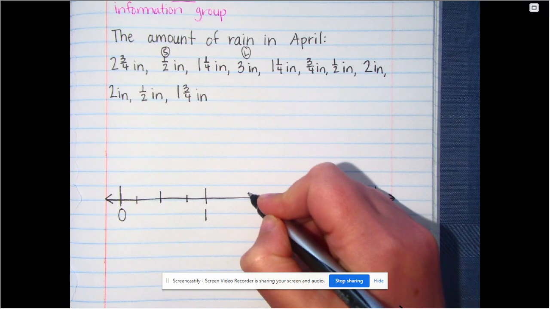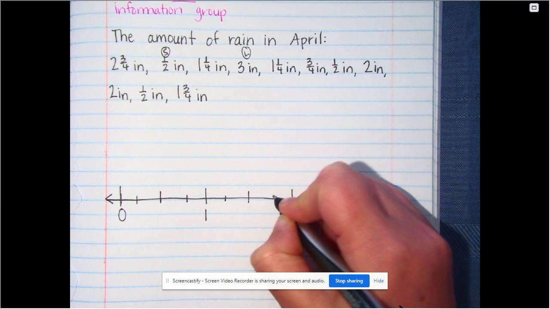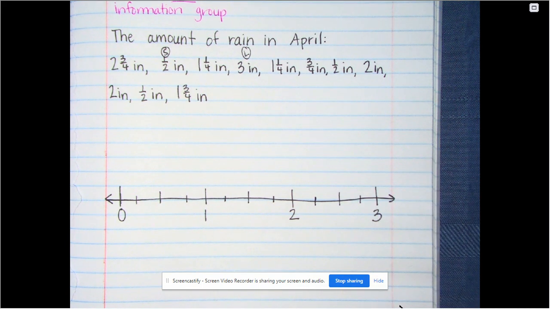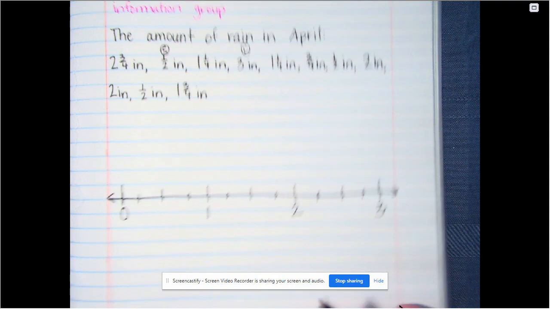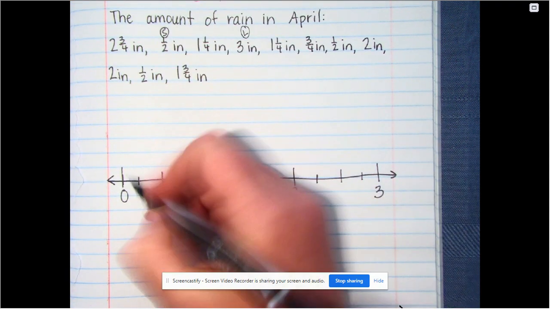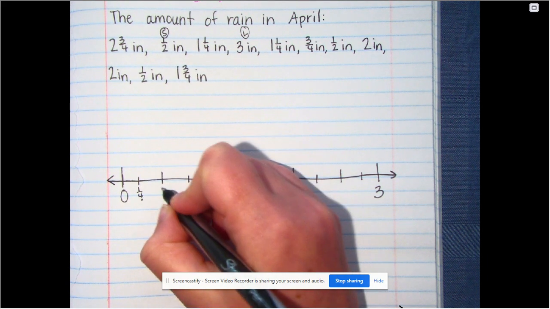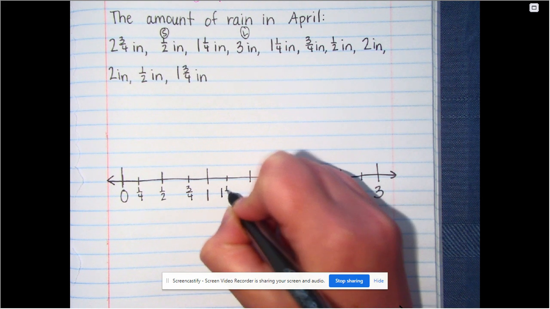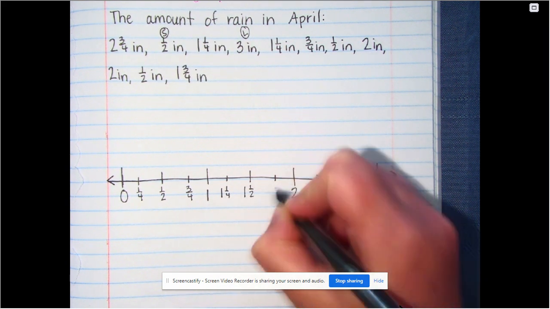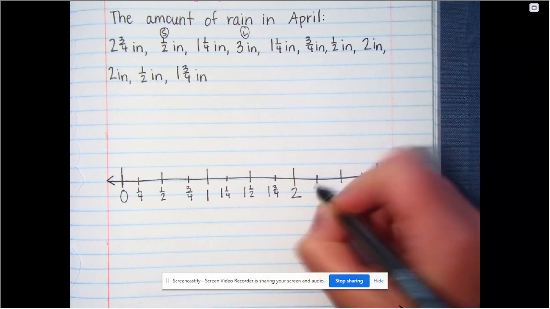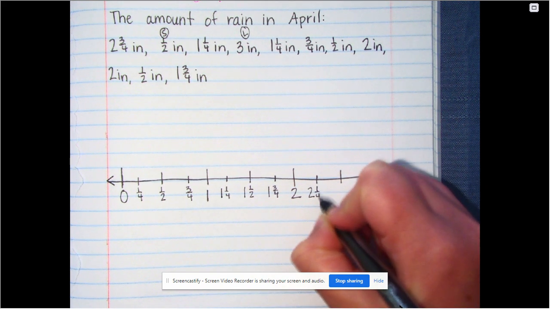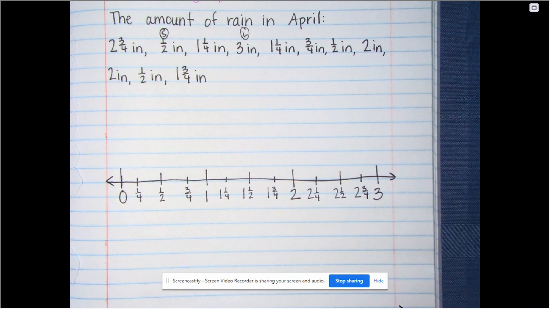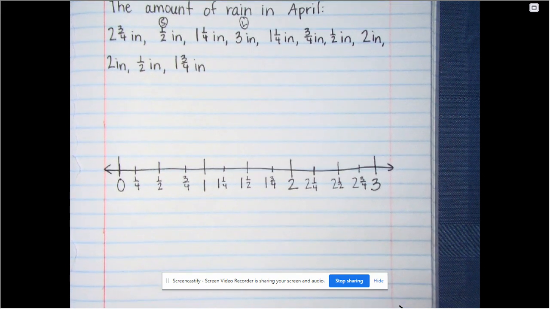I split halfway in between, and then I split half of a half. So it's kind of like a ruler that we have different amounts listed. And then I'm going to label those amounts. So I have 1/4. Okay, and then I don't have to label any more numbers.